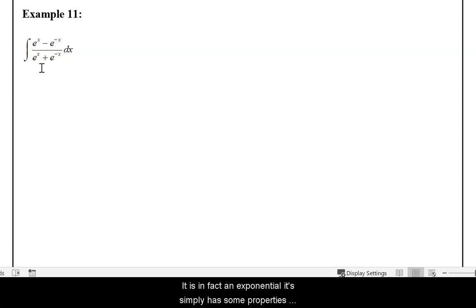It is, in fact, an exponential. It simply has some properties and identities that are very, very similar to trig identities, which is where they got the name hyperbolic trig. They are, however, based on hyperbolas, not circles, hence the name hyperbolic trig. Though really, they're not trig at all. They are, in fact, exponentials.